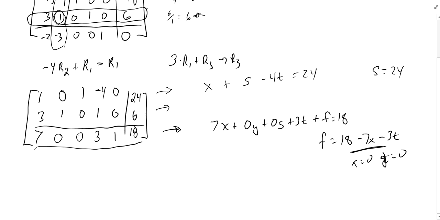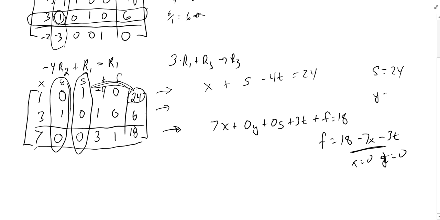Or an easier way to look at that, this was the x, the y, s, t, and f, is that the s column is a really nice column. It's got the 1s and the 0s on it. And the 1 lines up with the 24, so I want s to be 24. The y column here is also really nice, and the 1 lines up with the 6, so I want y to equal 6.